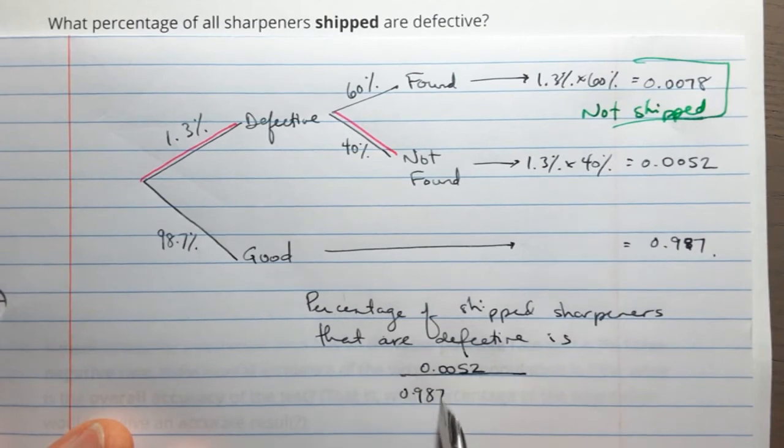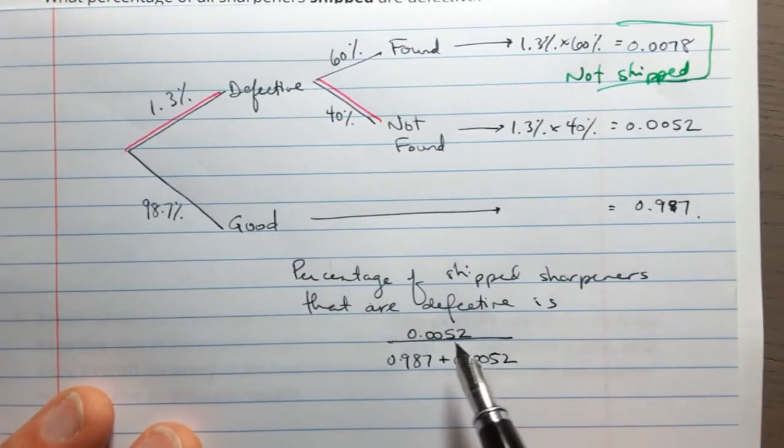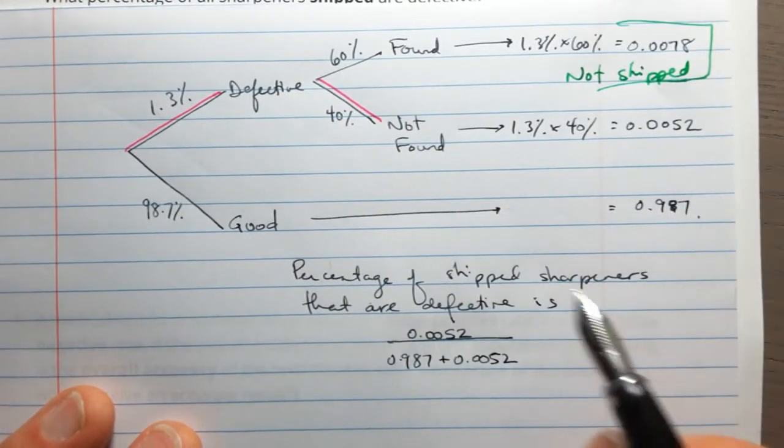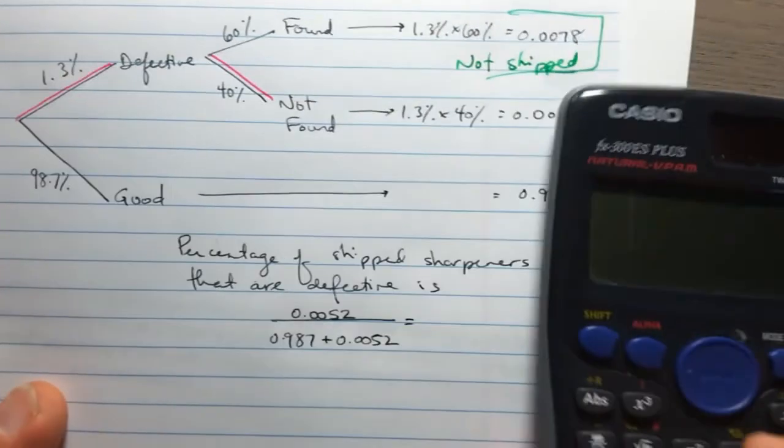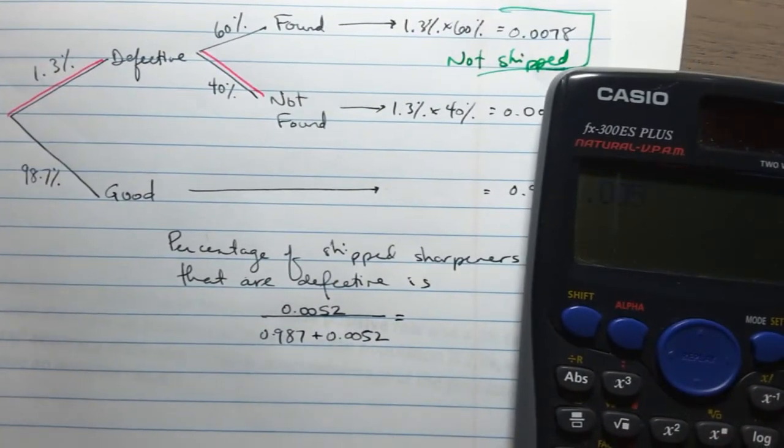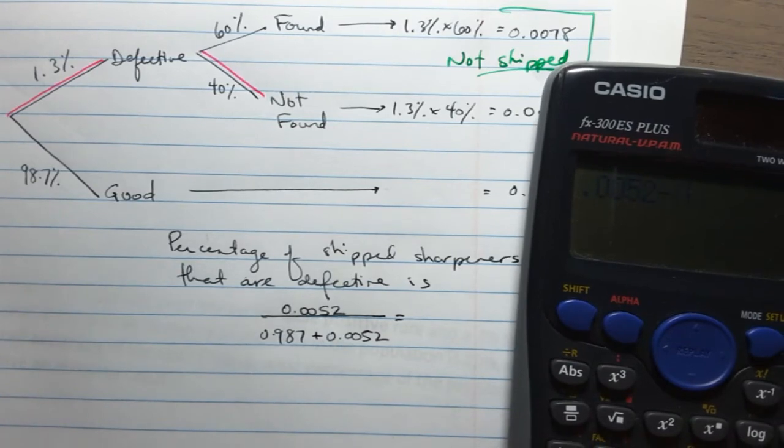How many sharpeners are sent? This percentage of all sharpeners is sent. So very subtly different. It's not quite 0.52%. It's actually a little bit higher than that. So once we divide, 0.0052 divided by, I'm going to use brackets now, 0.987 plus 0.0052.